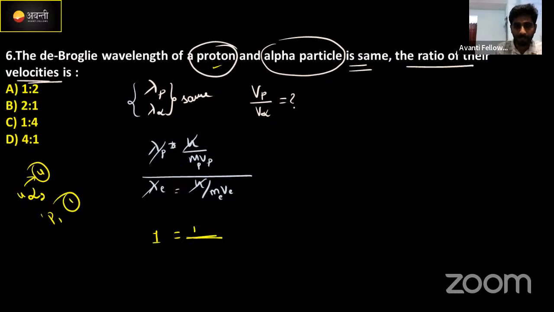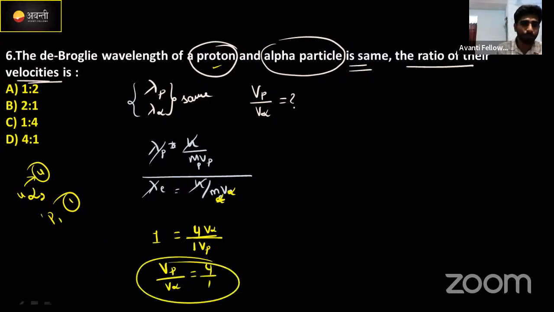Mass of proton is 1, velocity of proton, and the mass of alpha particle is 4, velocity of alpha particle is v alpha. Take these two terms to the left hand side, then velocity of proton divided by velocity of alpha particle equals, by cross multiplication, 4 by 1. Great.